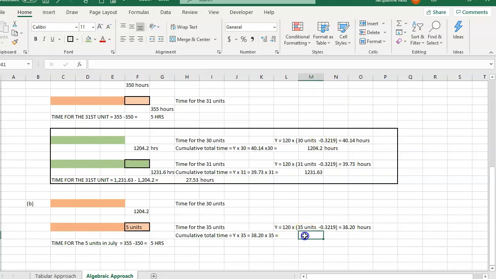So when we work out that information, it comes out to 1337.11.